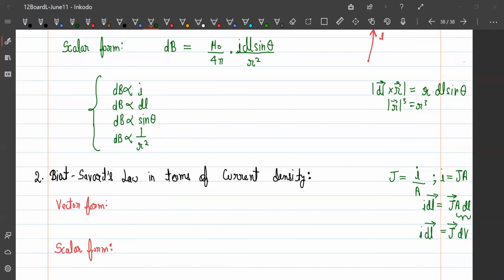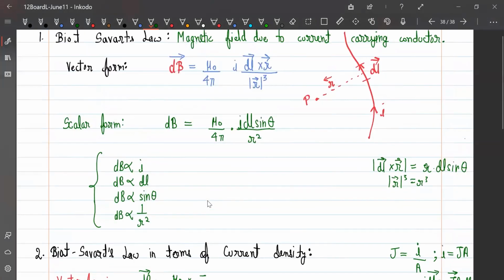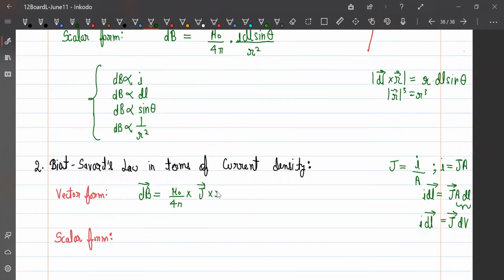Sir, mu naught by 4 pi into J vector dV by R cube. हाँ, so वेक्टर फॉर्म में हो जाएगा mu naught by 4 pi, I dl की जगह J लिख देंगे, so it will be J cross R. और dV स्केलर क्वांटिटी है, तो I can put it out separately, divided by mod of R का cube. और स्केलर फॉर्म में हो जाएगा dB वेक्टर is mu naught by 4 pi J dV upon R square, sin theta भी आएगा.